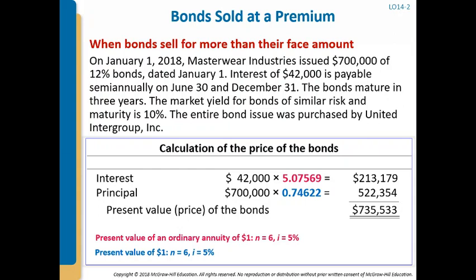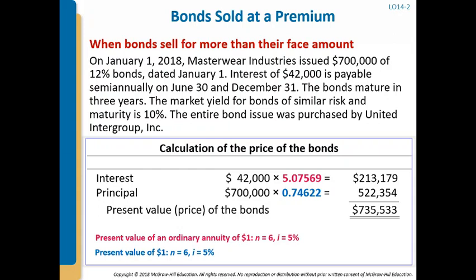of 12%. And so again, if you go to the tables, you go to 5% for 6 periods, and you get, again, same tables for interest, 5.07569, and same table for principal, 0.74622. And here we're selling the bonds at a premium of $735,533.